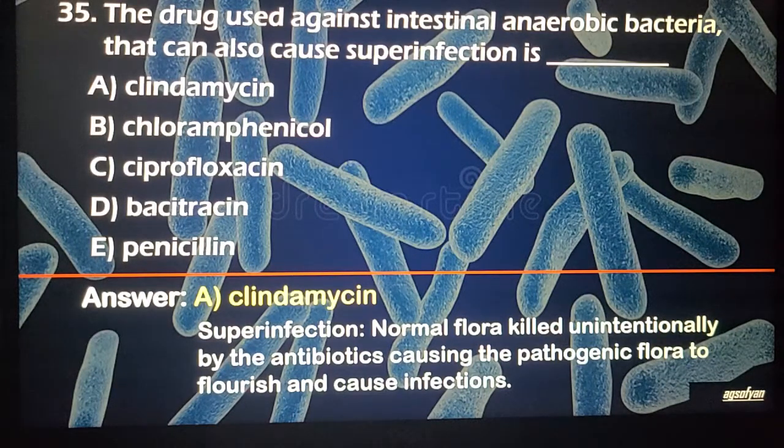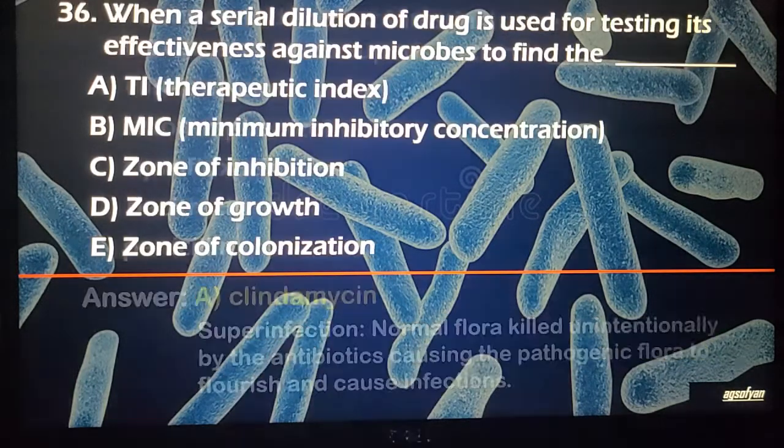So because of that, then there will be a disease called the superinfection. Okay, because the natural flora are killed, then other pathogenic flora will be thriving and causing infection. And the type of infection that caused by this action is called superinfection.